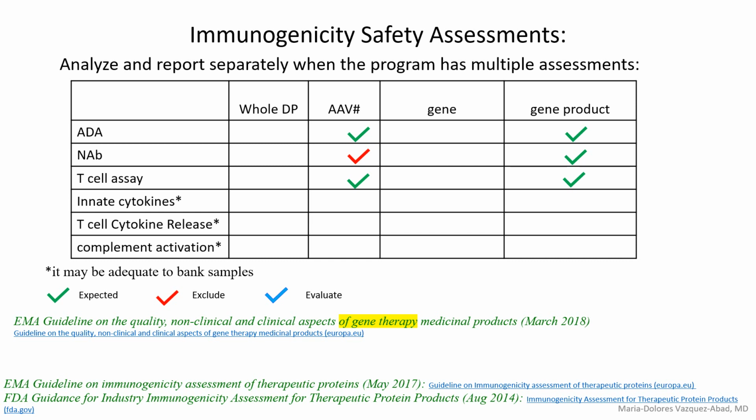Now, the rest of it is basically mentioned in the guidelines. So you have to test different things for the whole drug. For the vector, it would be good to also see if there's a T-cell response or a complement activation to the vector. This could happen oftentimes with liver tropism.